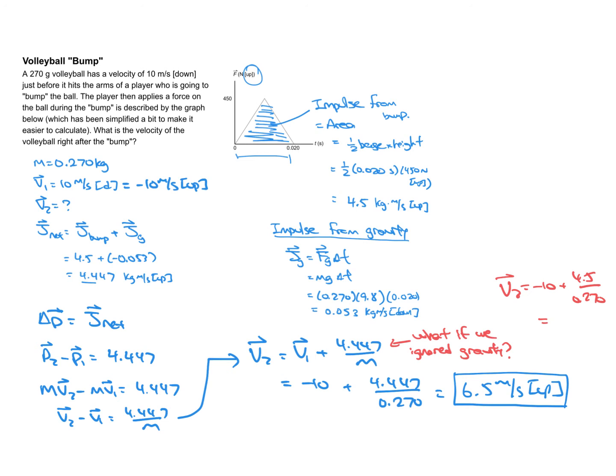I do get a different answer. I get 6.7. So it was a good thing that I remembered to include gravity in this calculation. It'll be just 0.2 meters per second slower if we take gravity into account, because that's going against the bump force.